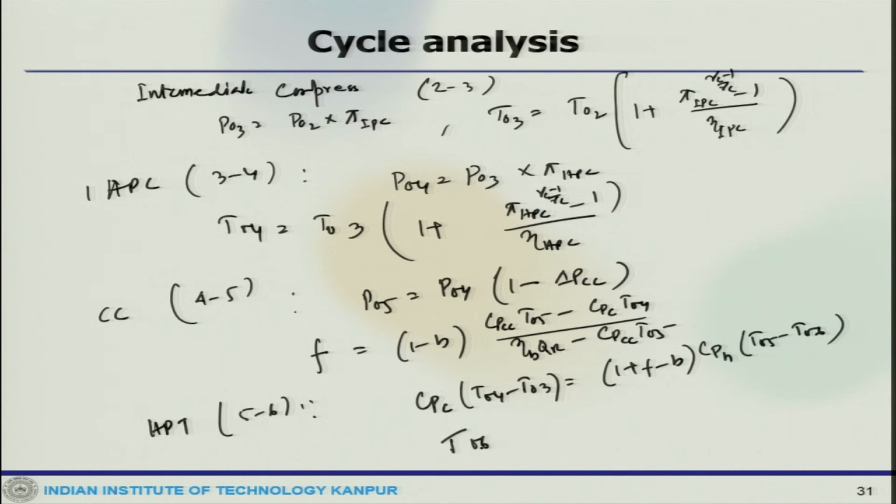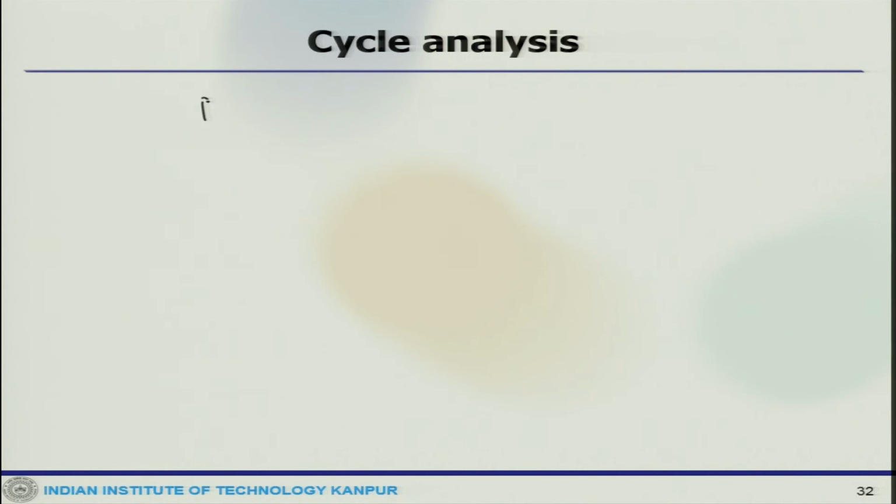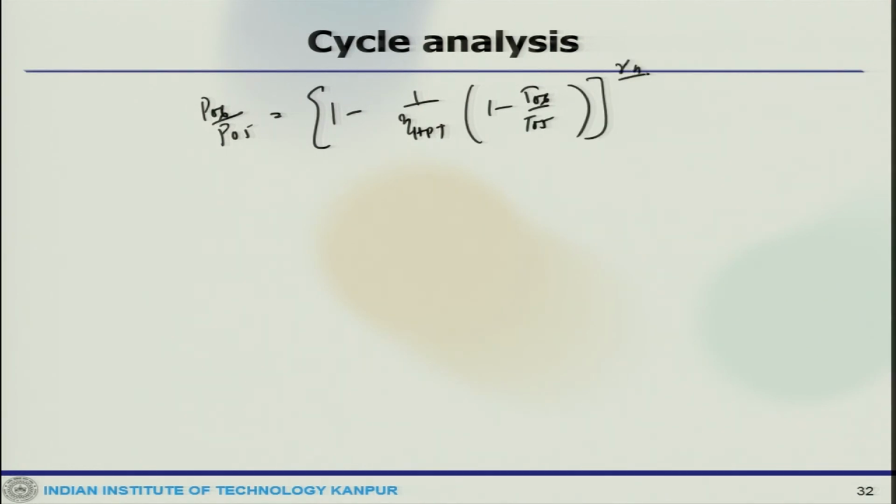So from here we get T06, and P06 by P05, which is 1 by eta HPT, 1 minus T06 by T05, to the power gamma H by gamma H minus 1.